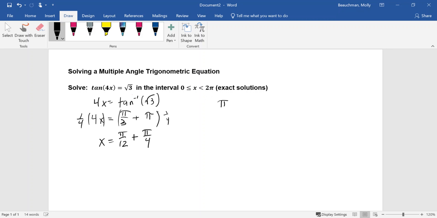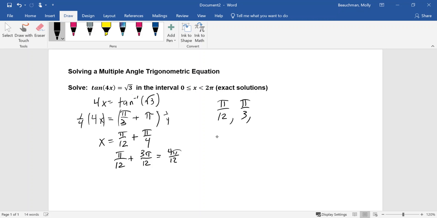So pi over 12 is my first answer. Then I'm going to add pi over 4, changed so they have the same denominator: pi over 4 is 3 pi over 12. So pi over 12 plus 3 pi over 12 is 4 pi over 12. Reduce the fraction, that would be pi over 3 is the next place.